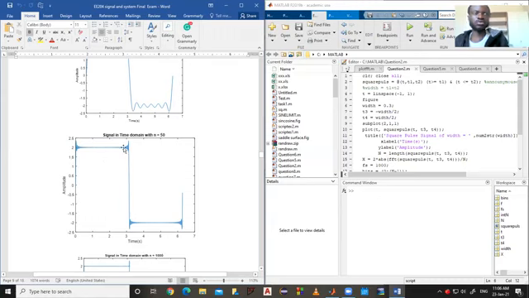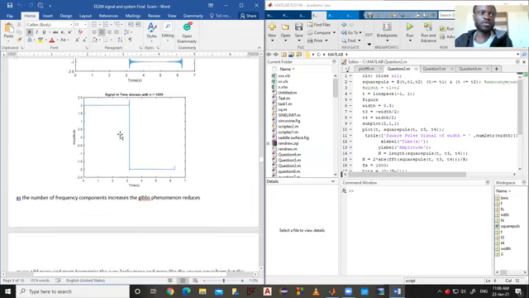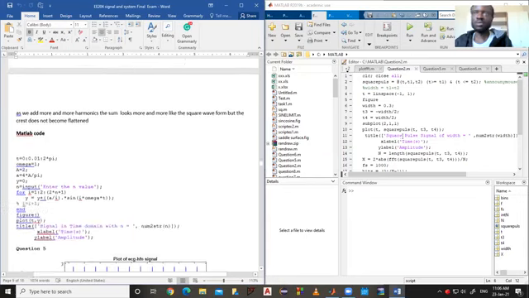This is because we cannot obtain an infinite amount of harmonics. So when we go to 1000 harmonics, we get a more flattened out curve. This is the Gibbs phenomenon.